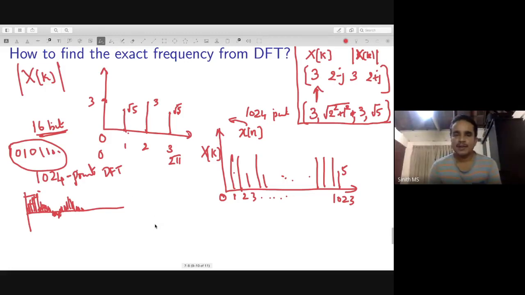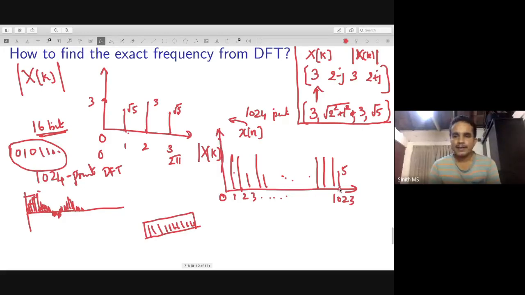If you take a small portion of the song with 1024 points, x[n] has 1024 points, and if you take the 1024 point DFT, you get capital X[k] as 0, 1, 2, 3 like this. You have several values. This is the magnitude.